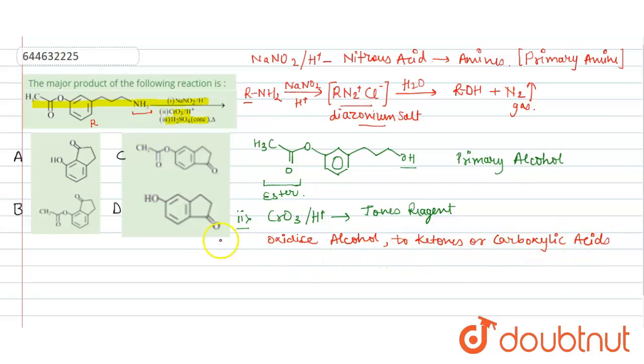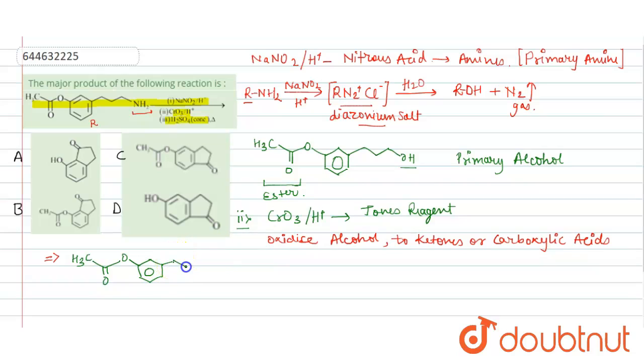Here a carboxylic acid would be formed, as we have a primary alcohol, and this will also not react with the ester part. The ester part cannot be oxidized by Jones reagent.